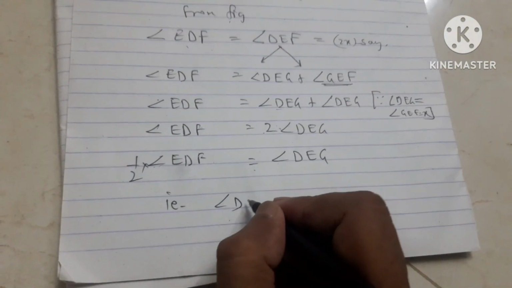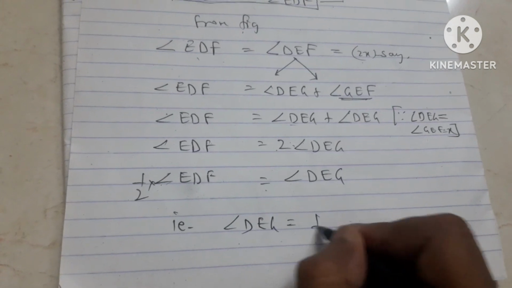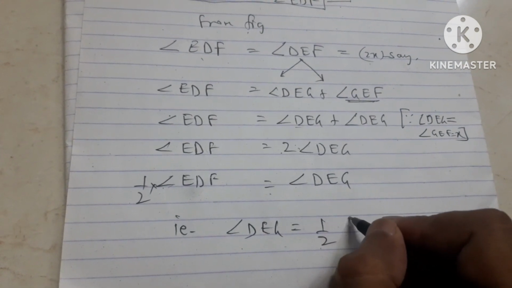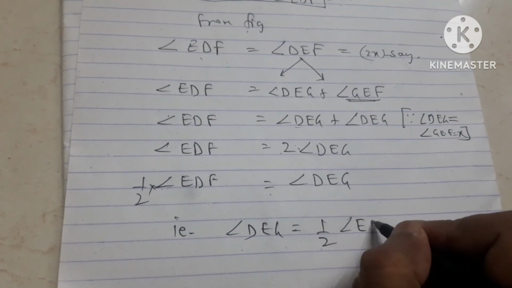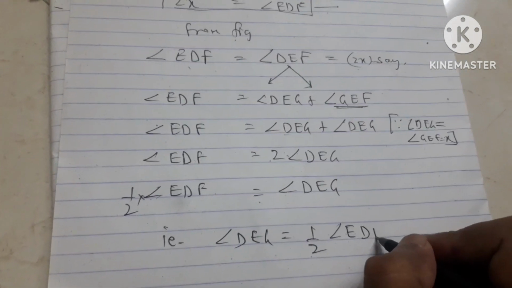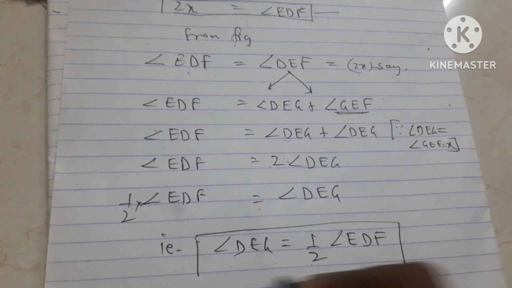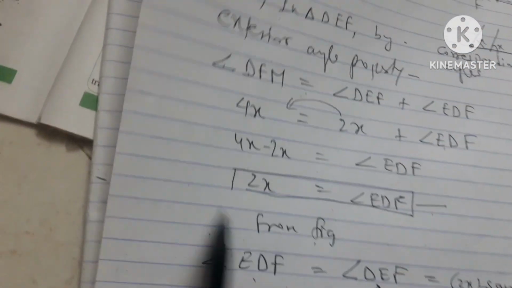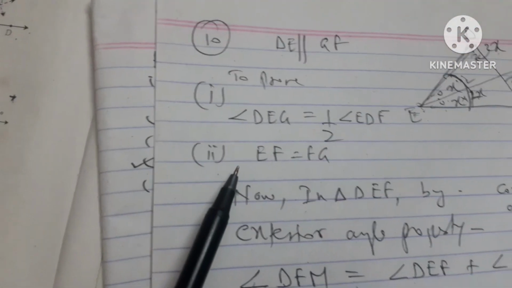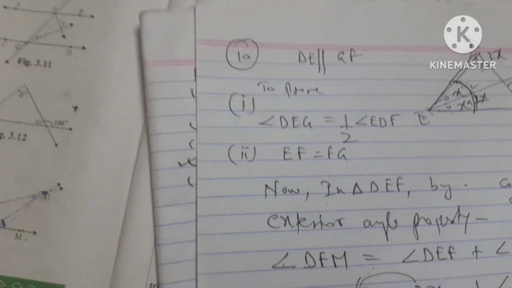Our proof is done. We write it in the proper, required order. So DEG becomes half of angle EDF, and that's your proof. Part 1 we have completed.